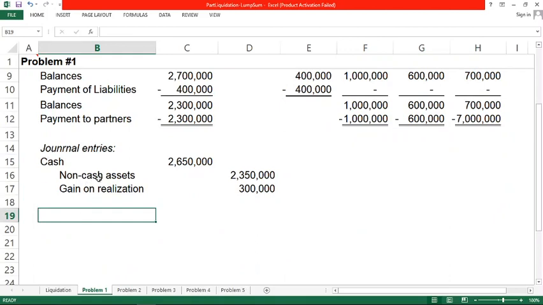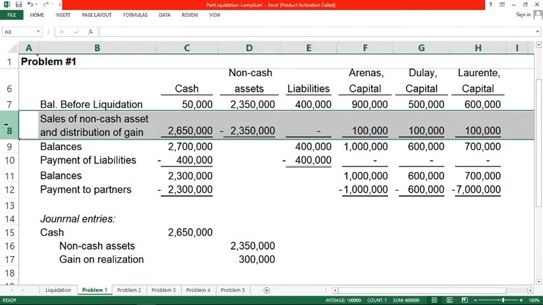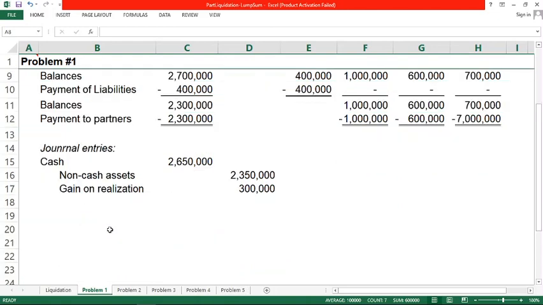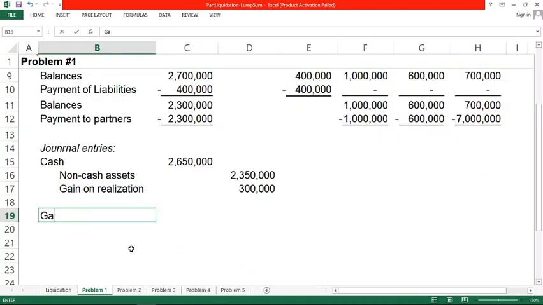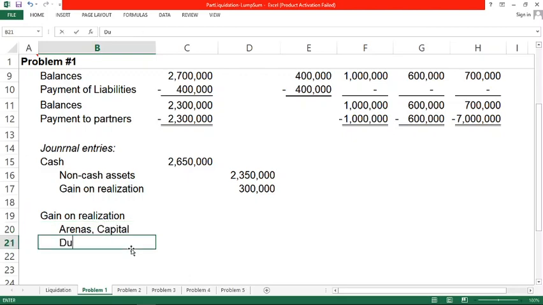So we have here the first entry after we sold the non-cash assets. Now let us prepare an entry of the distribution of this gain on realization. So we distribute it to our three partners. So we have Arenas Capital, and then we have Dulay Capital, and also we have Lorente Capital.